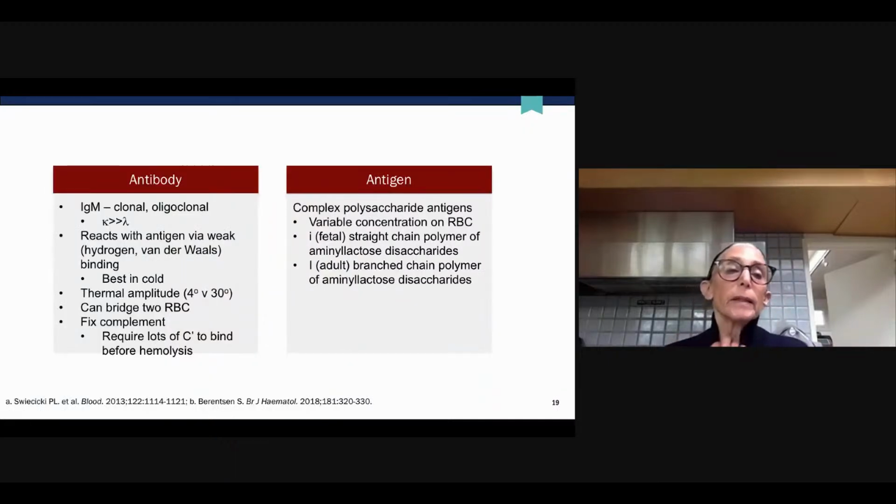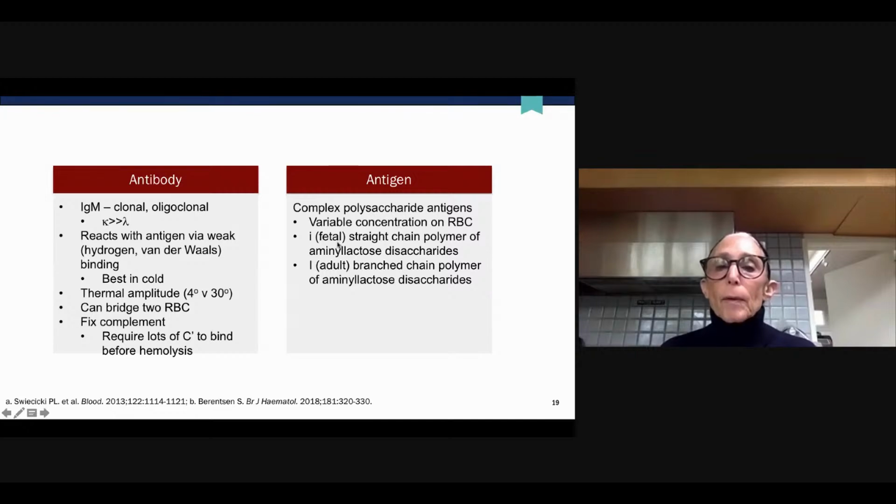The antibodies, again, are IgM, they tend to be clonal, kappa greater than lambda, but they're more active at colder temperatures with thermal amplitudes that vary from 4 to 30 degrees, and they can bridge multiple red cells, and in doing so, fix complement on the red cells.